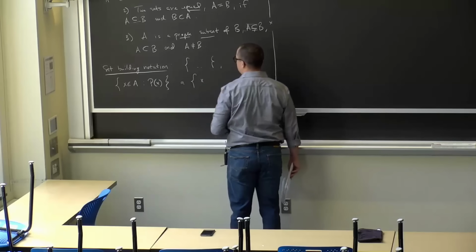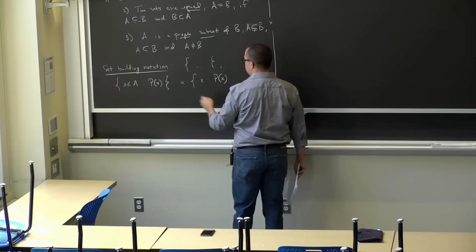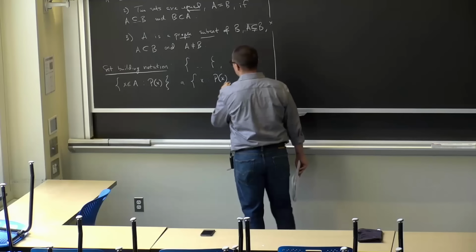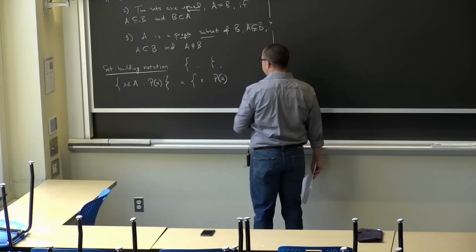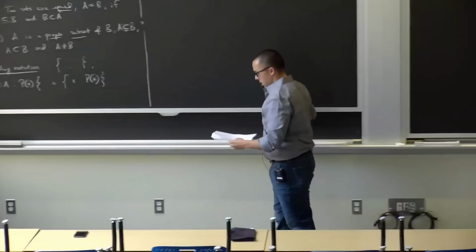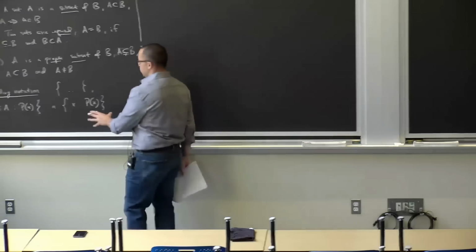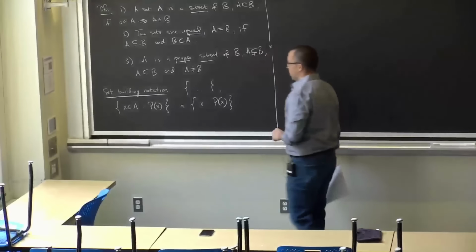We'll just write all objects x, with x as an element of whatever universe we're in, that satisfy property P of x. Okay? So again, you should read this as all x satisfying property P of x.